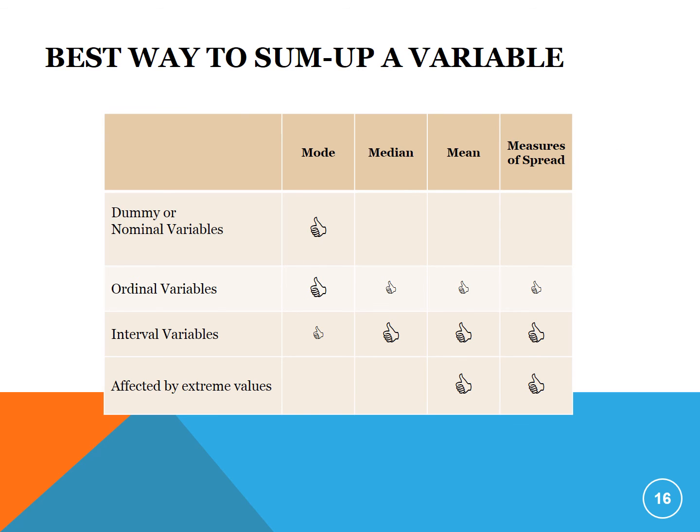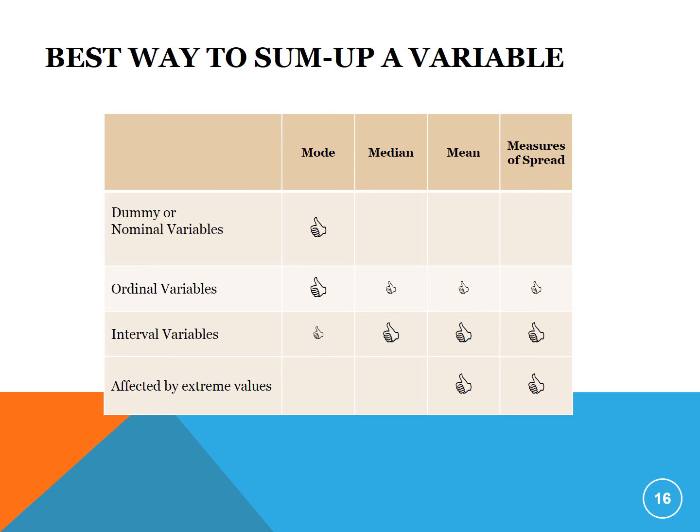Ways to sum up a variable. We talked about the mode, the median, the mean, and various ways of measuring spread. Depending on how large that thumbs up is, it tells you how useful these measures are to describe a particular type of variable, whether the variable is dummy or nominal, interval or ordinal, and whether they are affected by extreme values.